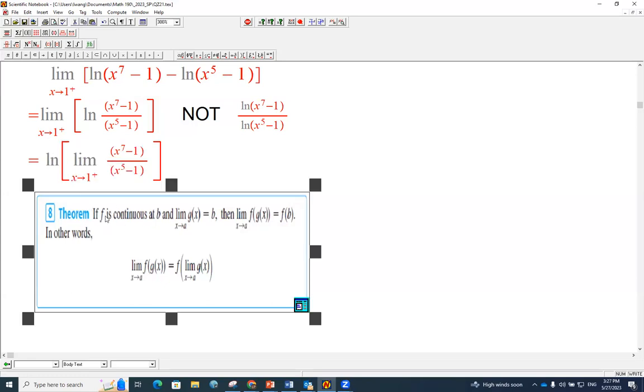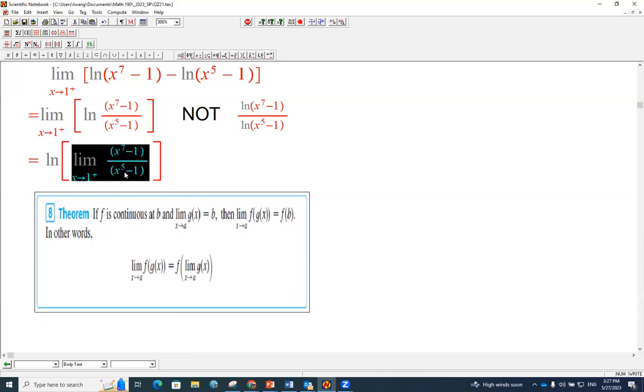In our case, the outside function f is the ln, and g is this quotient. So this piece has to have a limit. Only in this case can we take the limit across the continuous function.